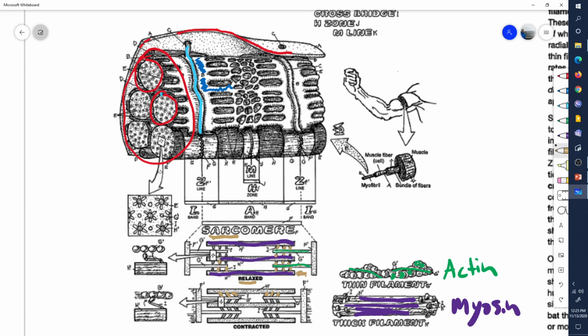Look how this gap from here to here has closed and become smaller. That's because these little cross bridges from the myosin grabbed the actin and pulled it in the inward direction.